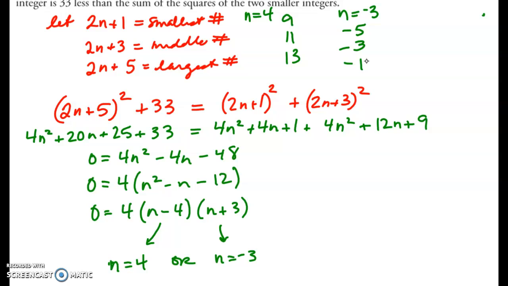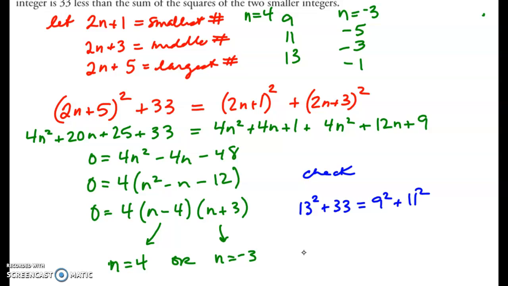Okay, now let's just check if these options work. So I'll change colors. Here's my check. The largest number squared plus 33 is supposed to equal the smaller numbers squared. Check that one, and let's check the other ones too.